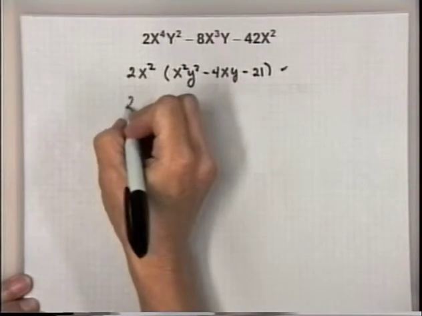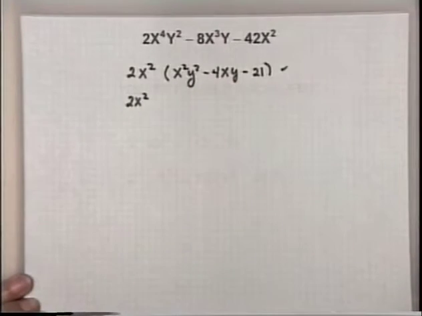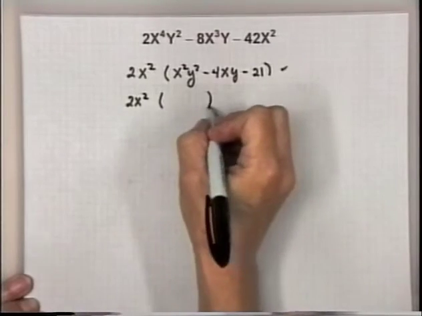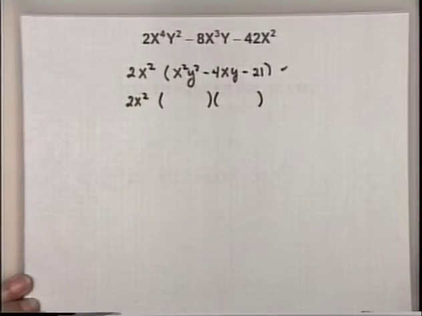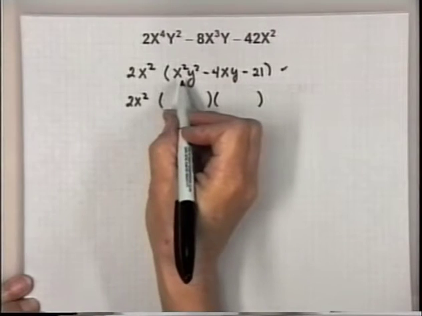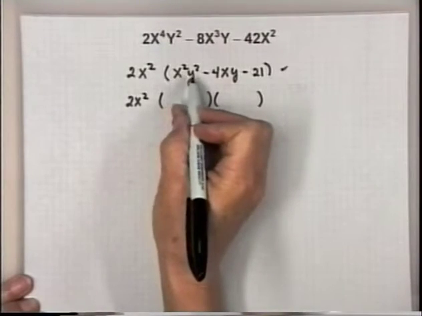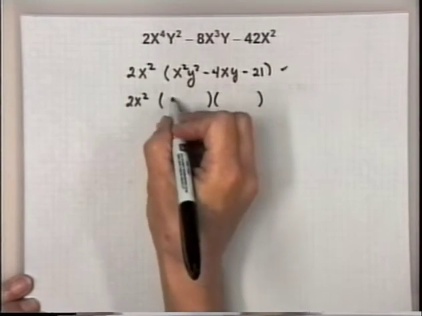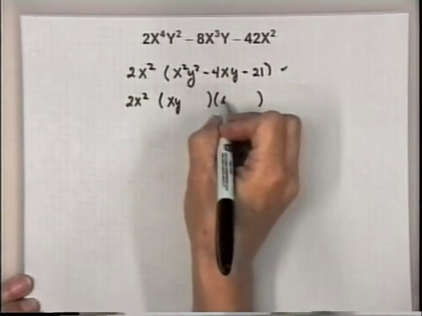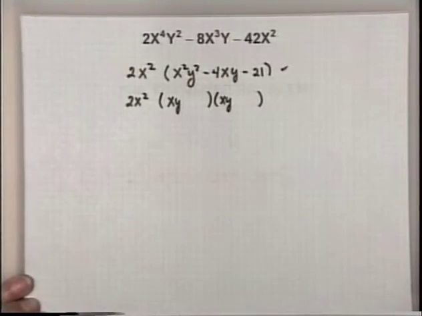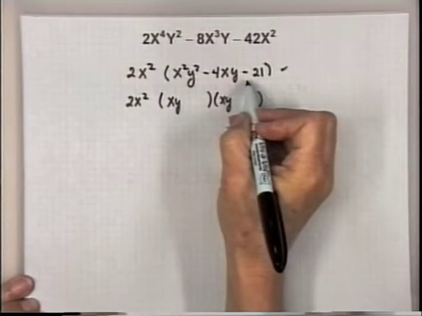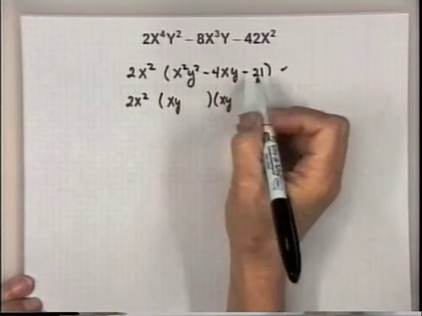Now let's bring down our common factor of 2x squared, and we will attempt to factor this trinomial here in the center. Now for this first term, since I have both x squared and y squared, we need xy times xy to get our x squared y squared. Notice that we will have opposite signs in this problem.